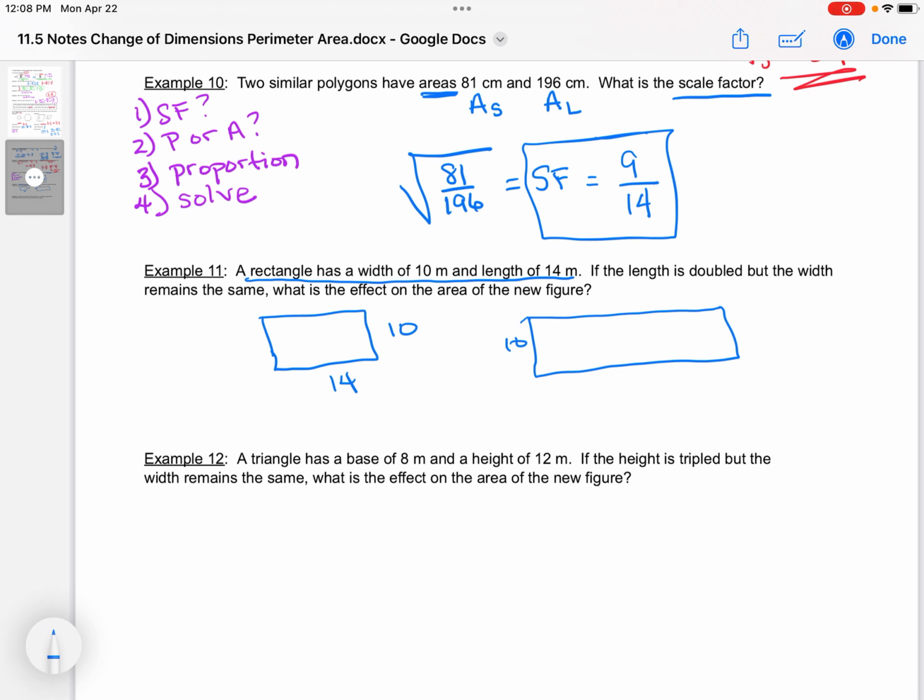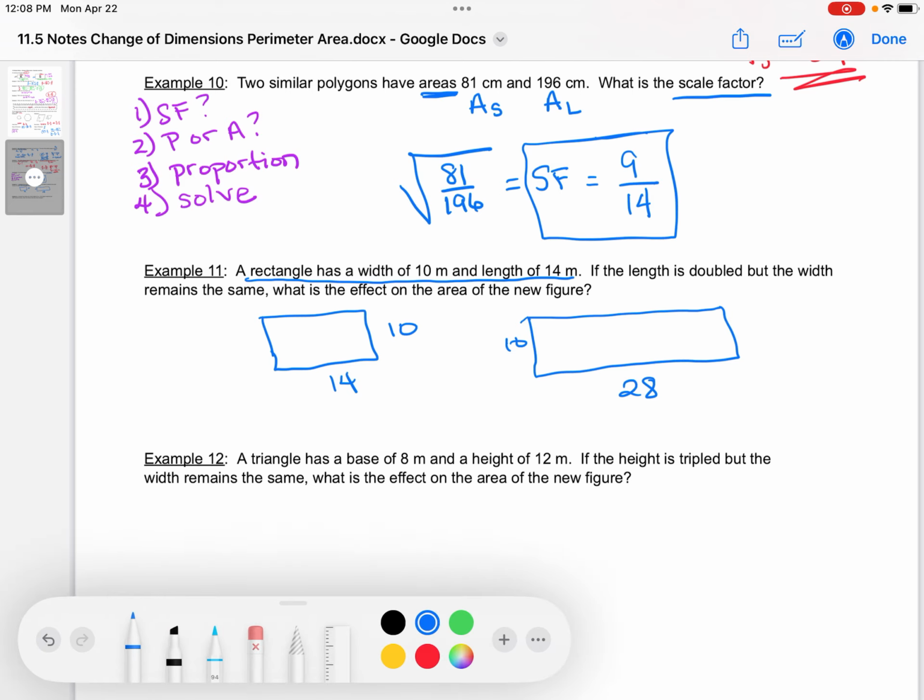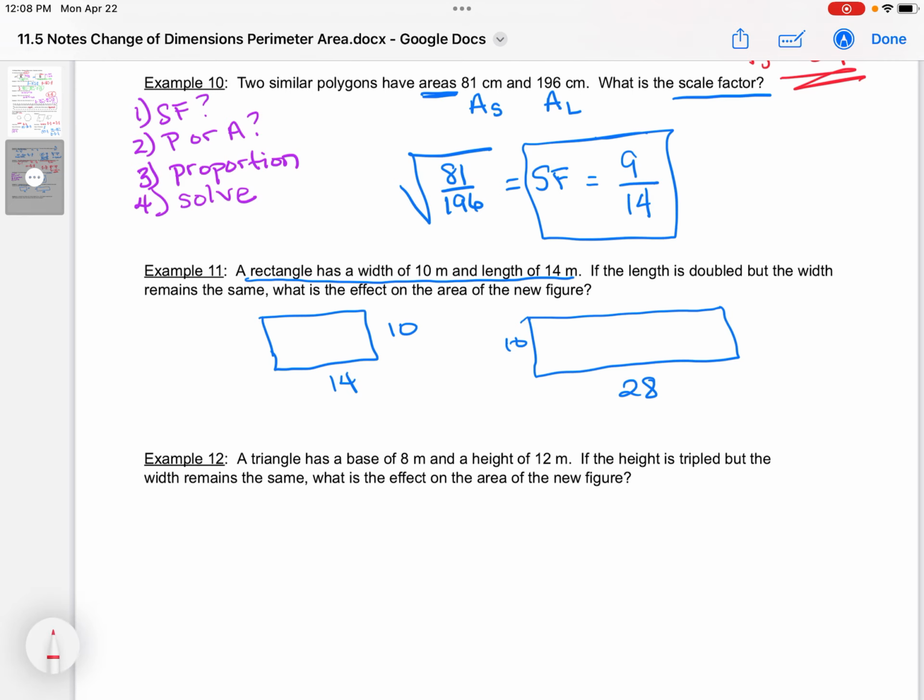So it's still 10, but now it's 28. So let's see what happens to the area. What do you think happened? Did it square? So the scale factor is, no, we can't really do scale factor.